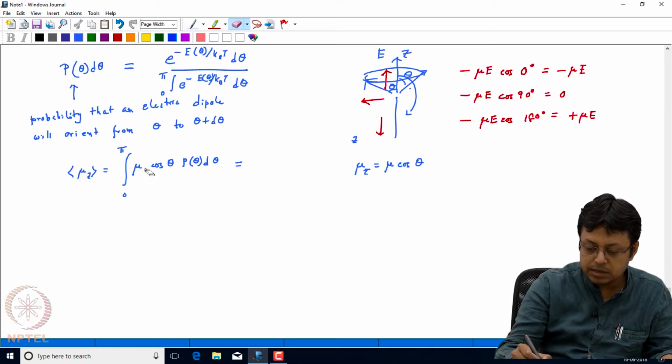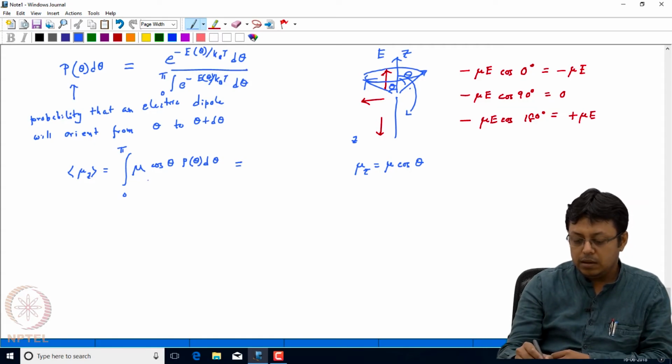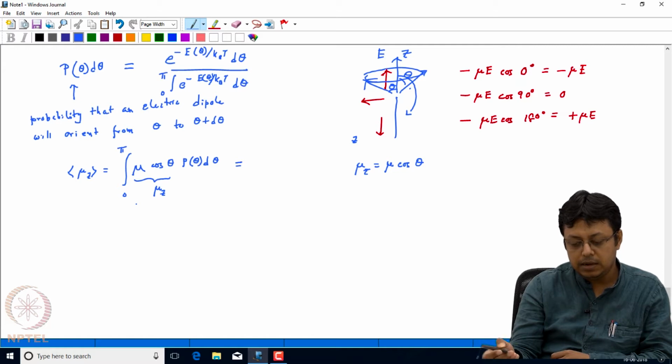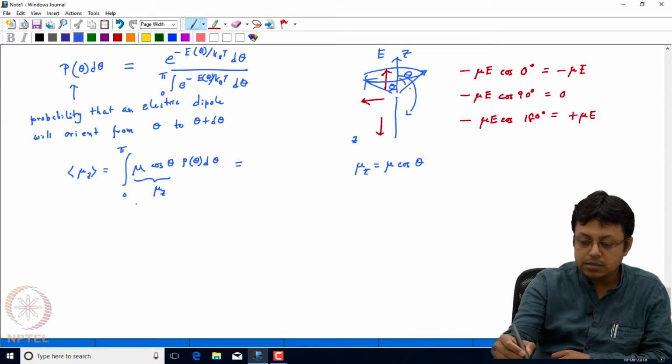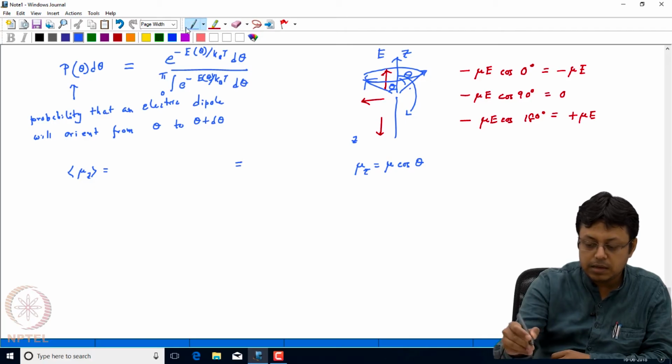So, we just skipped one step here. Let me write it as mu cosine theta, and it is basically the mu z itself. So, you take mu z, p d theta and then integrate, which means actually you take mu cosine theta and then integrate. Maybe we can write one more step just for our understanding.